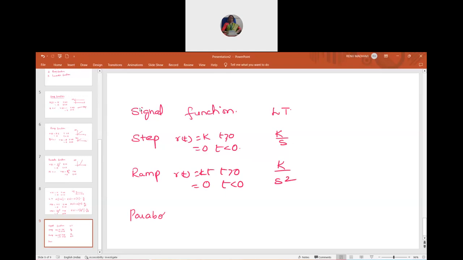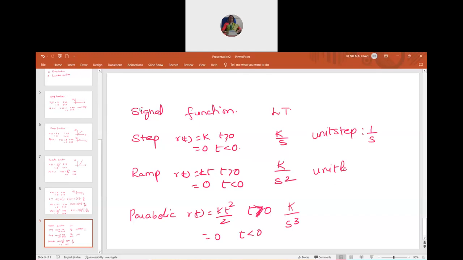For parabolic, r of t is kt square by 2 for t greater than or equal to 0, 0 for t less than 0, and the Laplace transform is k by s cube.